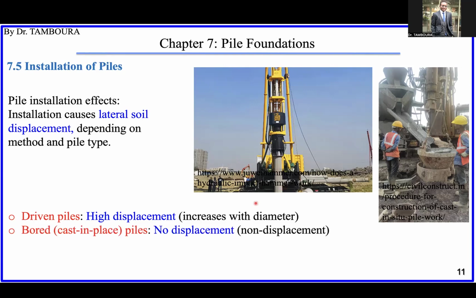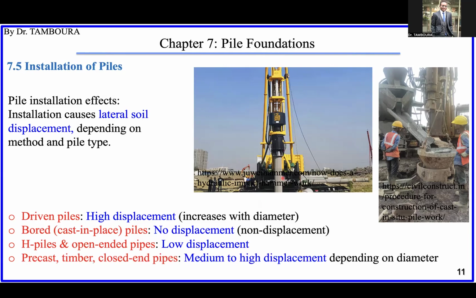If you take a bored pile, this kind of pile, no displacement at all because you made a hole and just place the pile. Easy, right? If you take an H pile or open end pipe pile, there is of course displacement, but it's very low compared to, for example, this one.